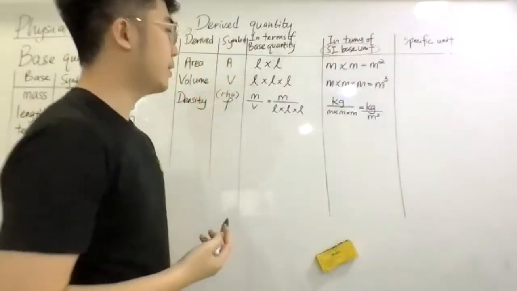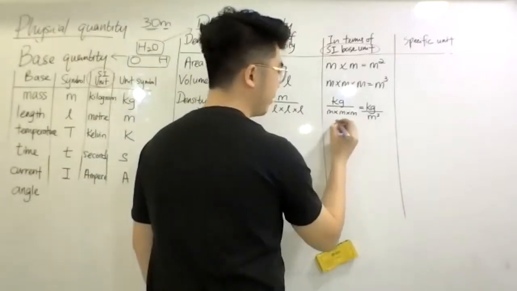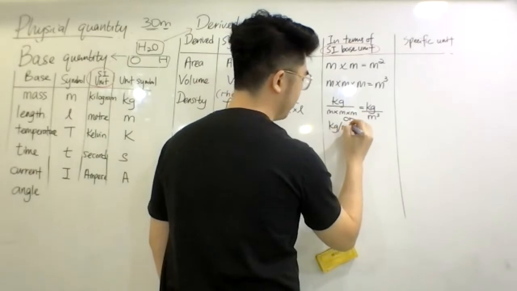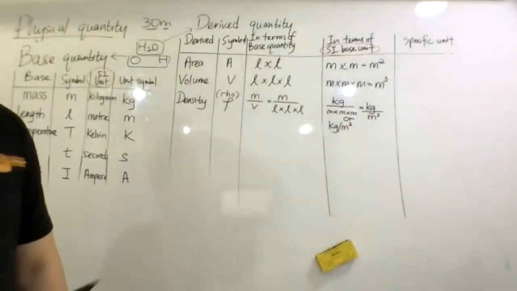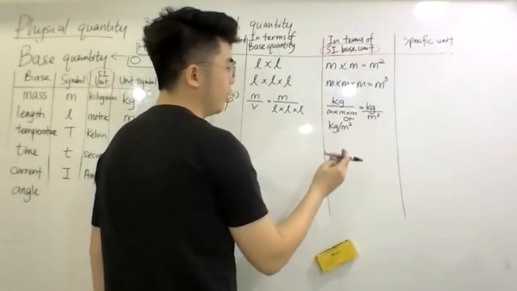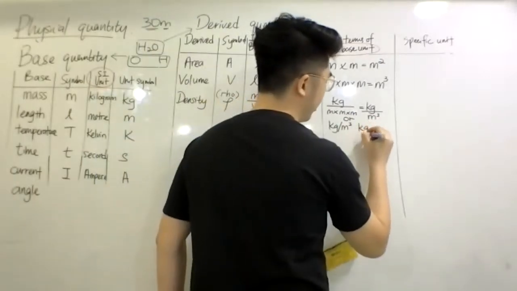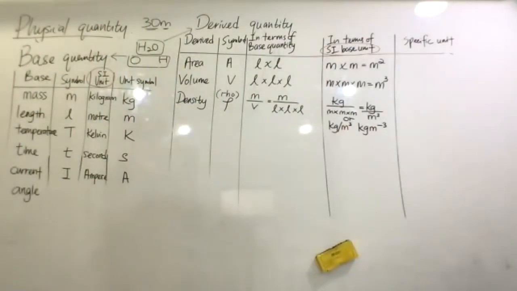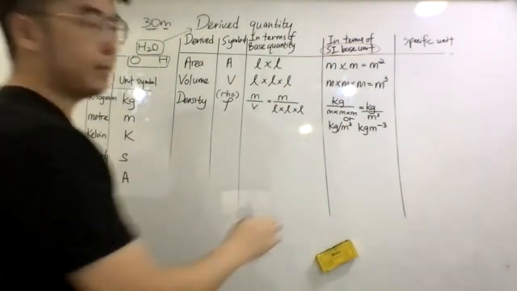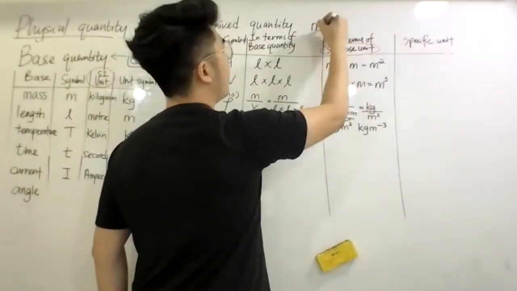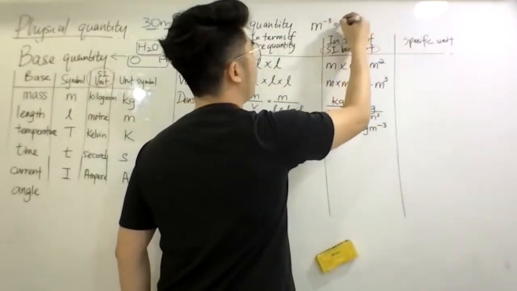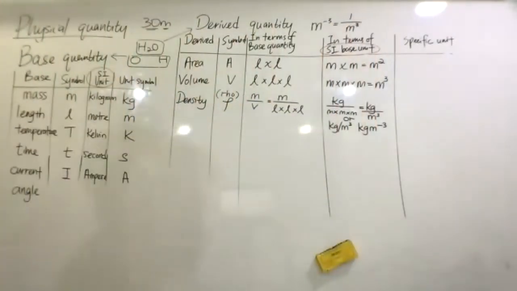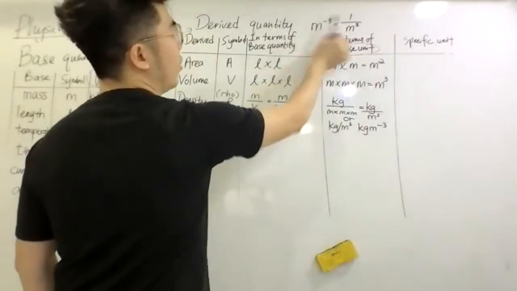How do you write kg over m cube? You can write it like this, or you can write kg/m cube. The same thing, kg over m cube, or you can write kg m to the power of minus 3. What is this? M minus 3 is 1 over m cubed. So just change the minus to 1 over.